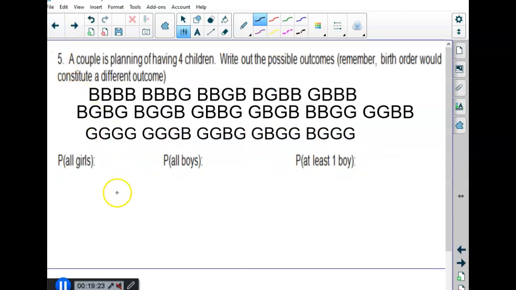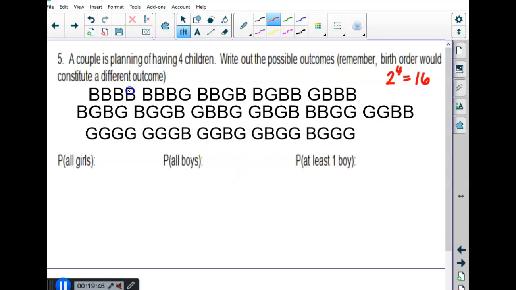I would not give you one on a quiz with that many possibilities, okay? Unless it was simply to ask, what's the chance of all girls? Well, what you really have to know here is that there's 2 choices for each of 4 children being born. So that is a total of 16 possibilities.